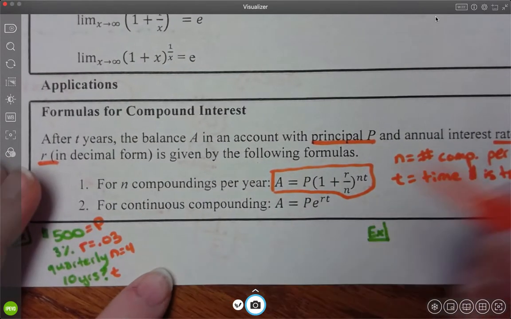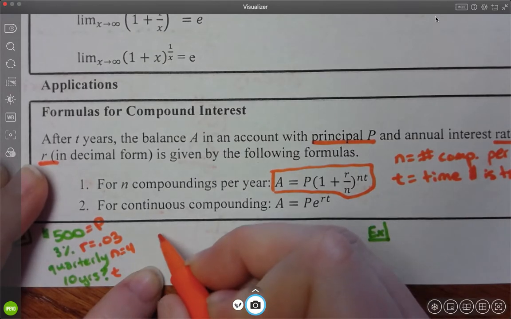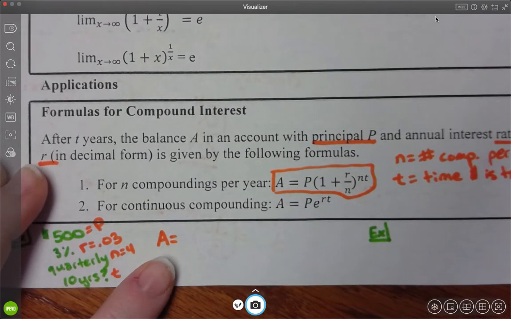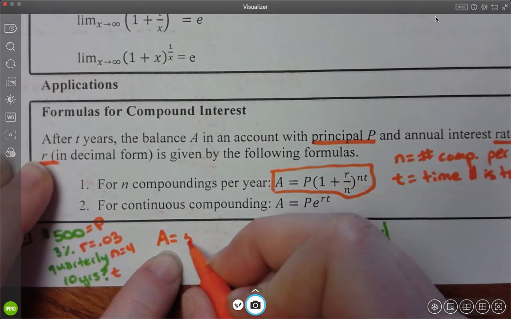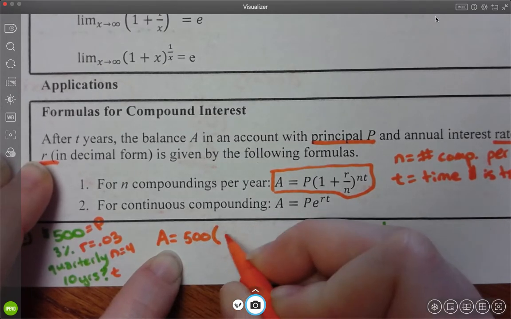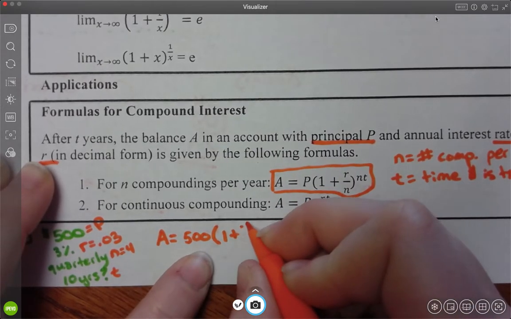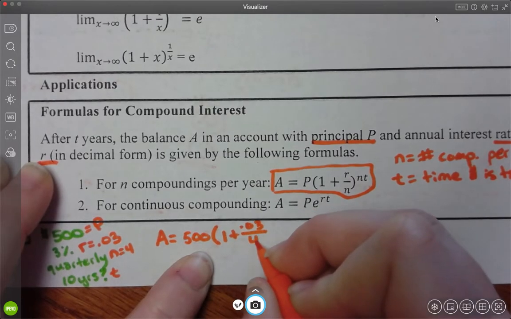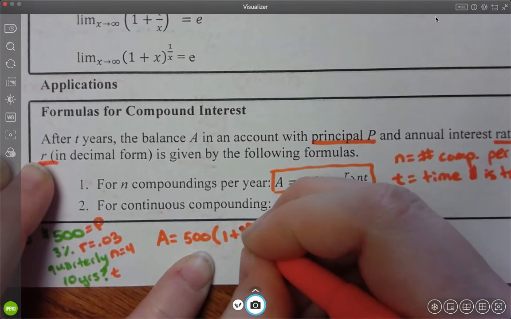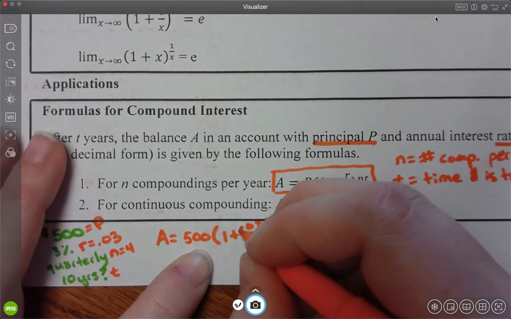So let's figure out how much this is going to be worth after 10 years. A is going to be like the after amount, okay? And I'm just plugging these numbers in. So 500, 1 plus that 0.03 has to be divided into 4 equal pieces because I'm compounding it 4 times per year.